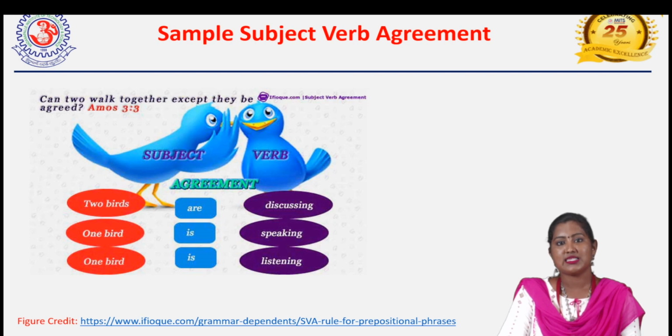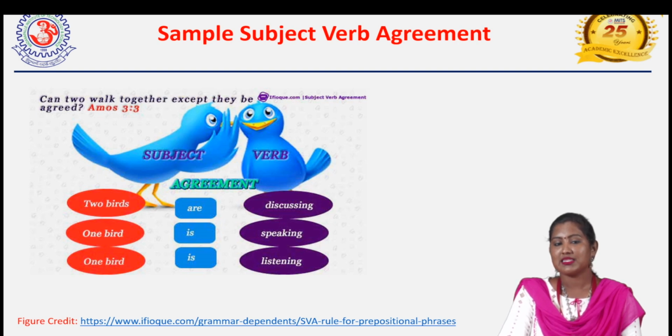When we look at subject verb agreement, imagine two birds are there, and they are discussing together. What is the first bird doing? It is speaking.